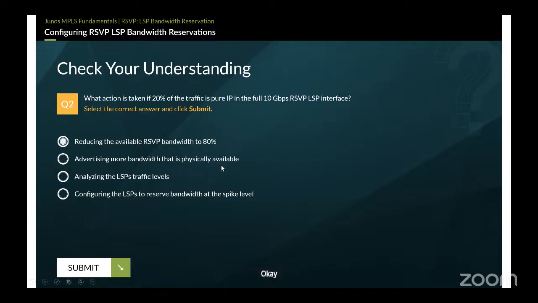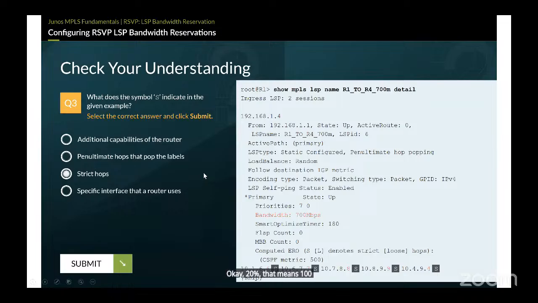Okay, 20% means 100 minus 20 is equal to 80%. What does the symbol S indicate in the given example? This is the command output of one LSP. S means strict hops. When you see L, that is loose hops.